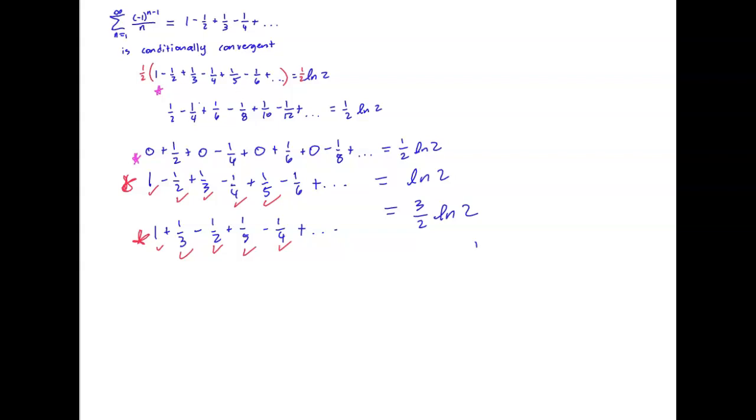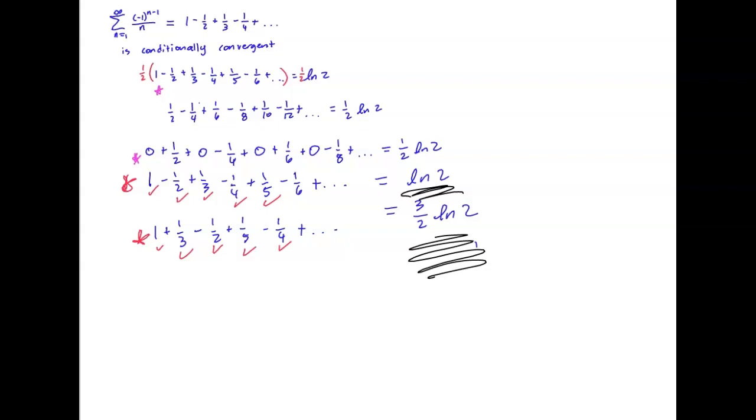And what do you notice about the right-hand side of this series with the rearranged terms versus the original series? They're different. Even though they're the exact same terms, one adds up to natural log 2, the other adds up to 3/2 natural log 2, right?